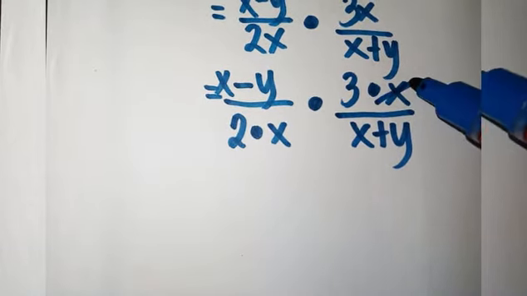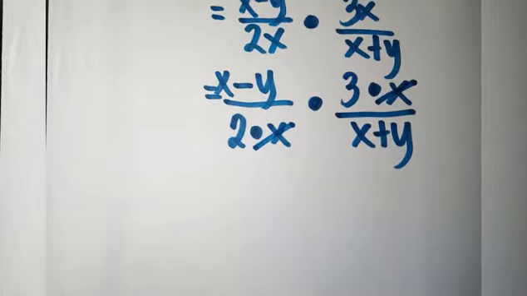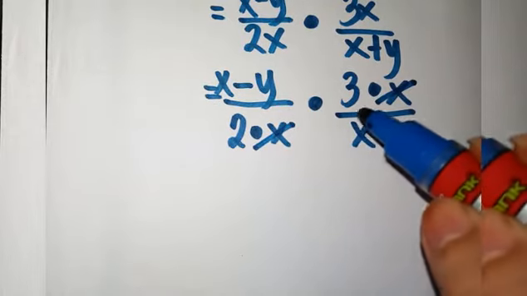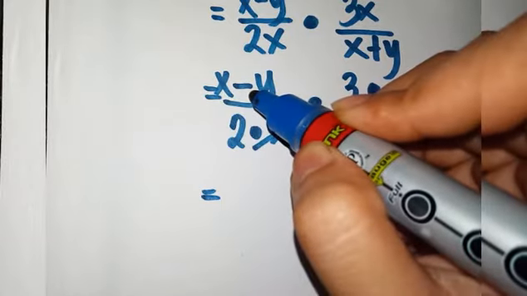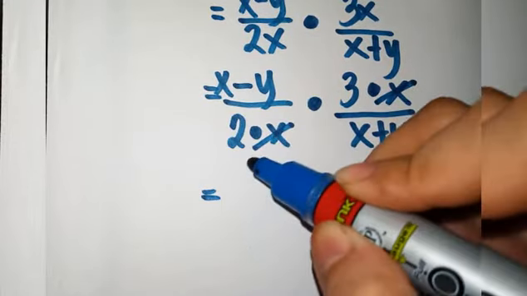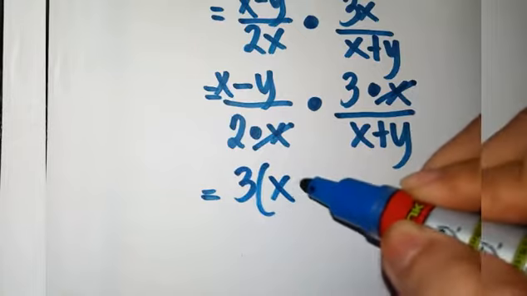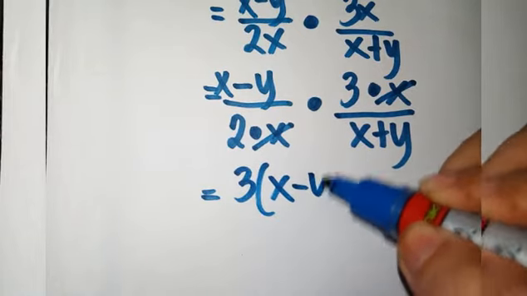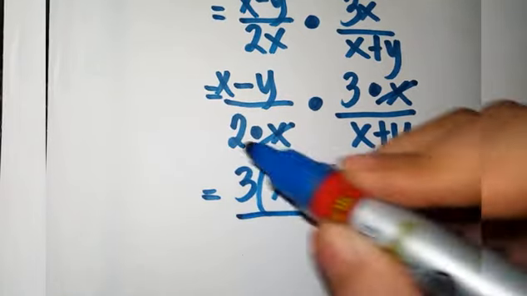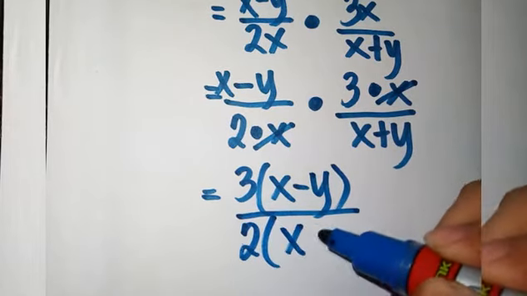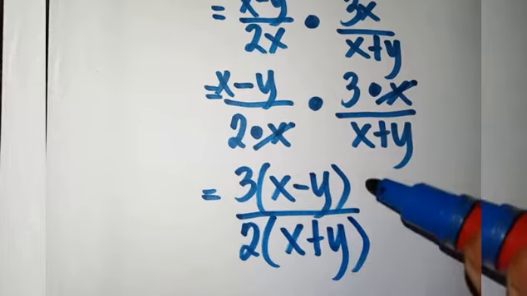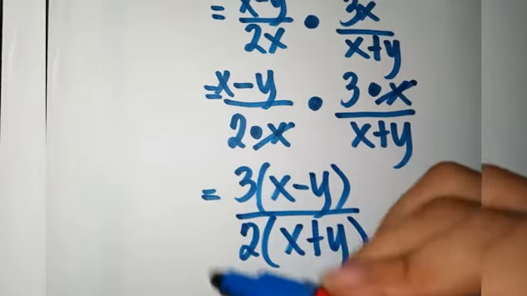So, ika-cancel na natin. Ang magiging sagot natin dyan ay 3 times x minus y all over, pagsamahin lang natin yon, 2 times x plus y. So, ito na ngayon yung ating magiging sagot.